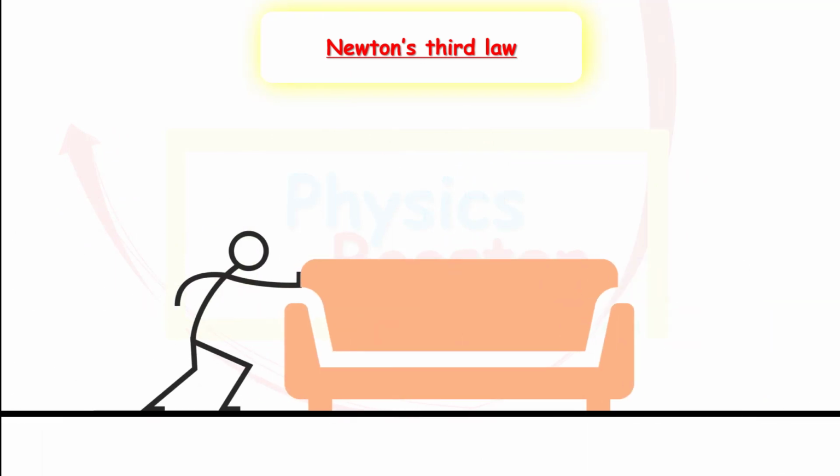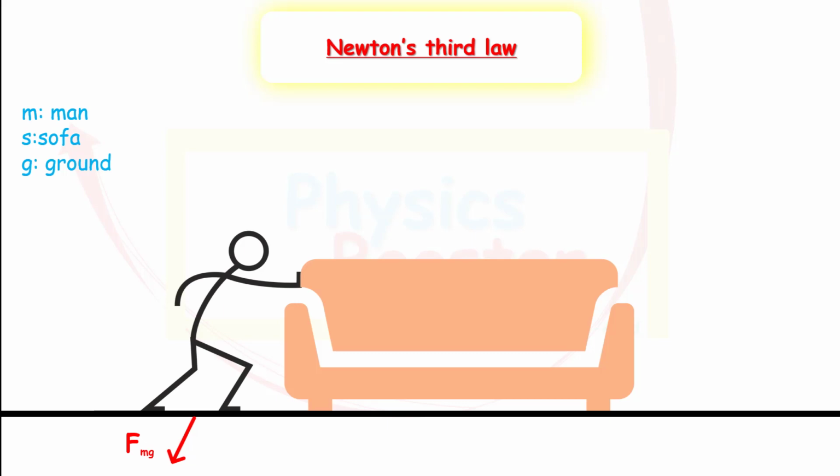Another example, let's look at this man here. This man here is trying to push a sofa, okay? So let's call the man with the letter M and the sofa with the letter S and G for the ground. So this man is trying to push on the ground with his weight, so he's applying a force from the man to the ground. So let's call it force MG because it's from the man to the ground.